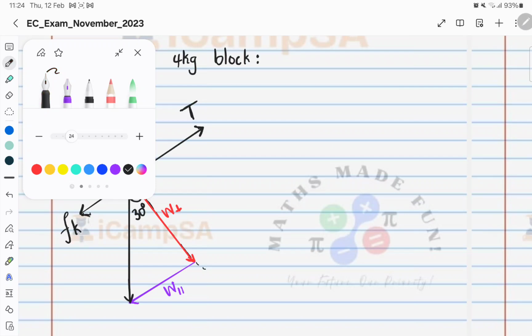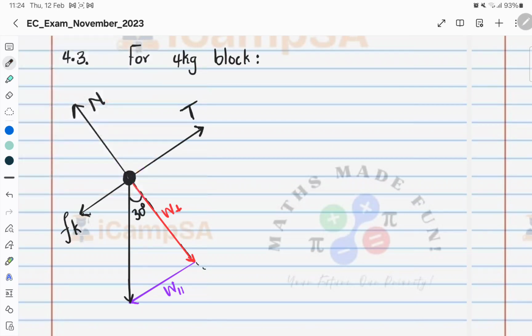Now, we want everything along the axis where tension is found, which is the x-axis. So we'll say net force equals MA. Then let's choose a direction. I choose the direction of the tension as my positive, the direction where the object is actually going.